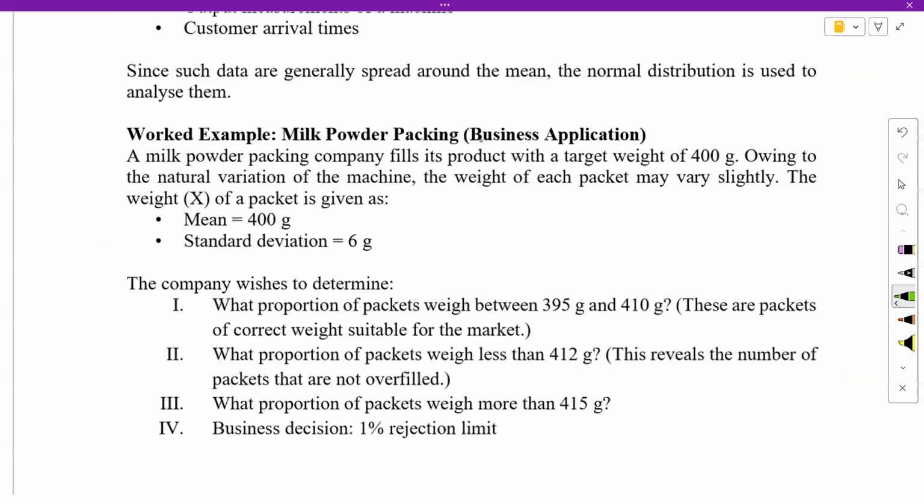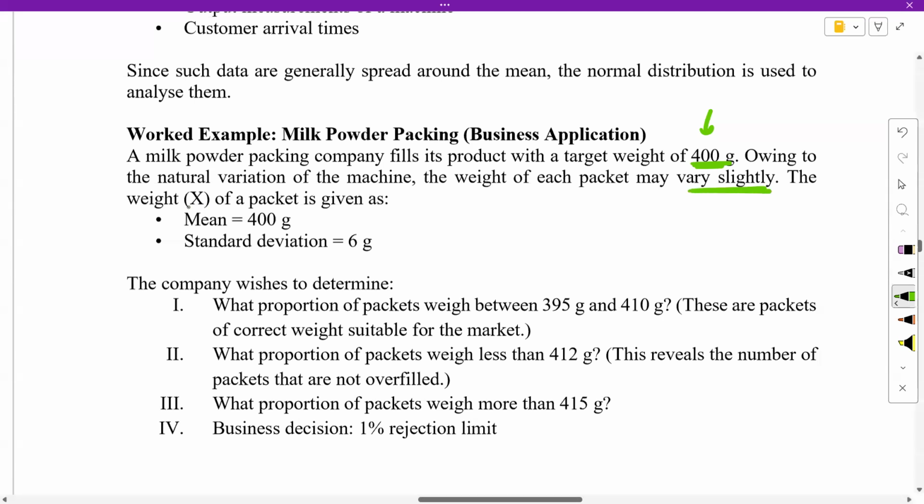A milk powder packaging business application. A milk powder packaging company fills its product with a target weight of 400 grams. Owing to natural variation of the machine, the weight of each packet may vary slightly.